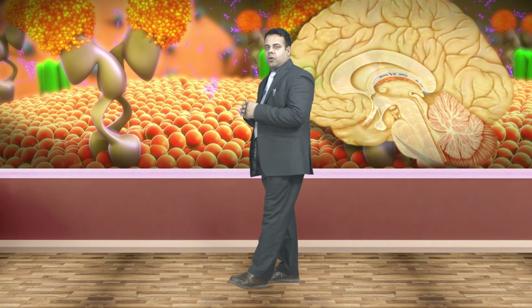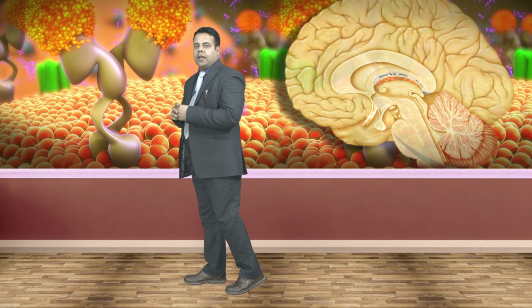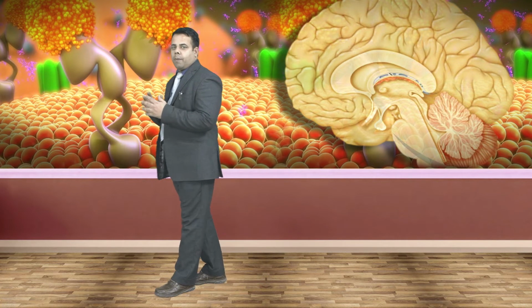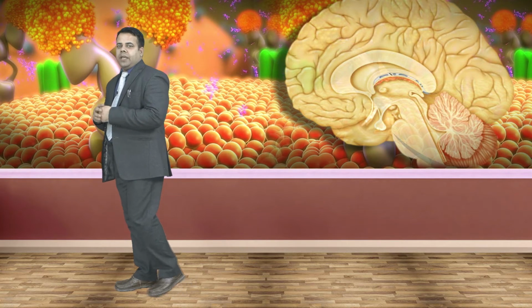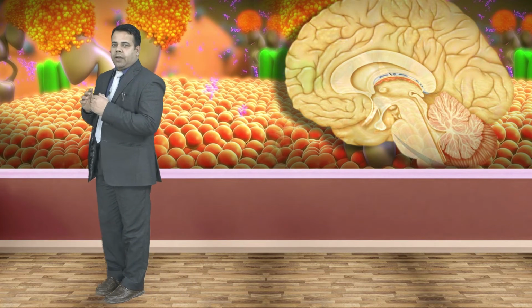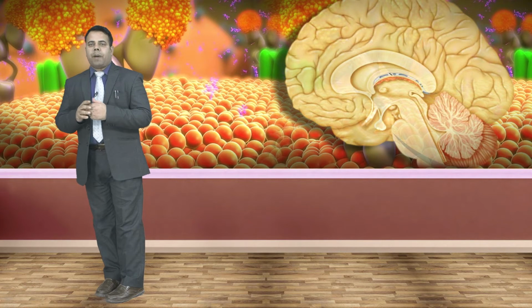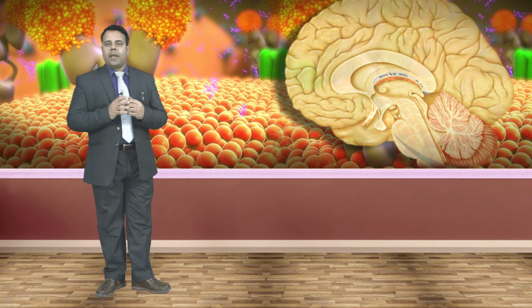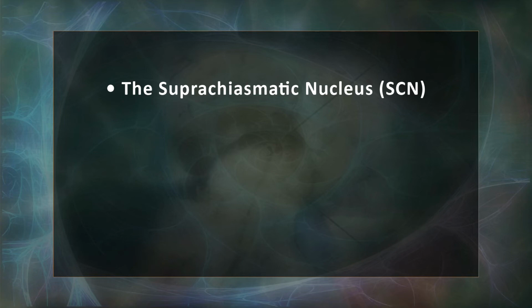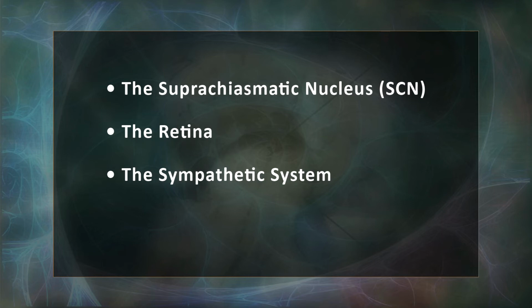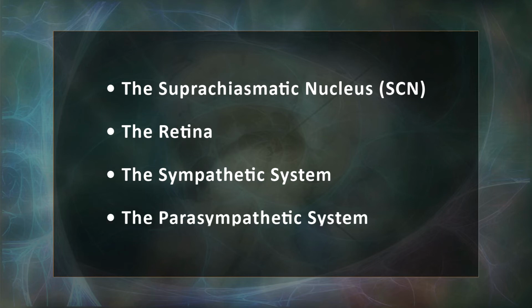Among all endocrine organs, it has a very rich blood supply that forms a network of capillaries surrounded by the pinealocytes. It receives innervation from many parts of the brain, but the main connections are with the following: the suprachiasmatic nucleus, the retina, the sympathetic system, and the parasympathetic system.